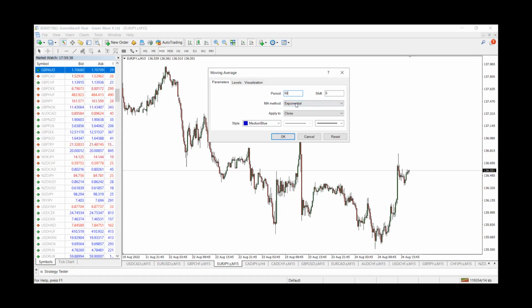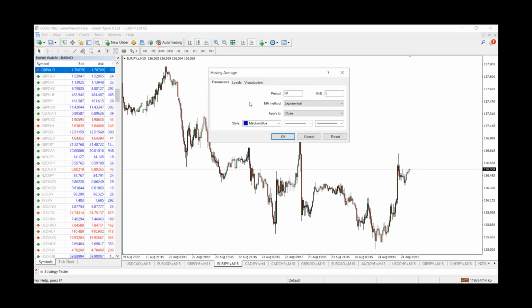Now we have moving average method: exponential, simple. I don't think we really have so much time to explain between these two, but these are the two most used. The difference between the simple and the exponential moving average in the way they are computed is that the simple average allocates similar weight to all the days that are being used.